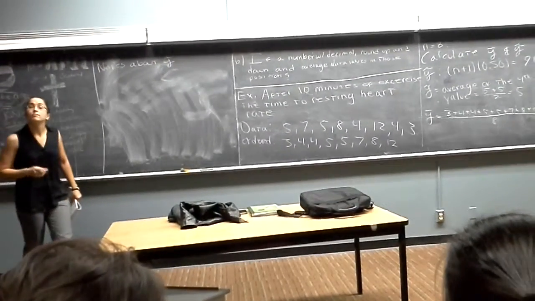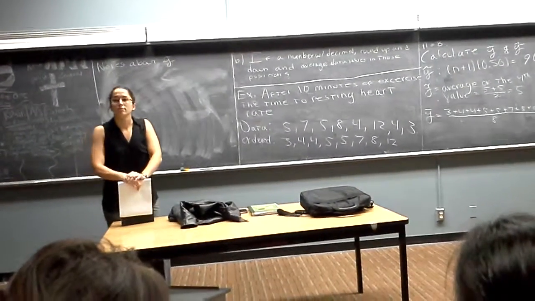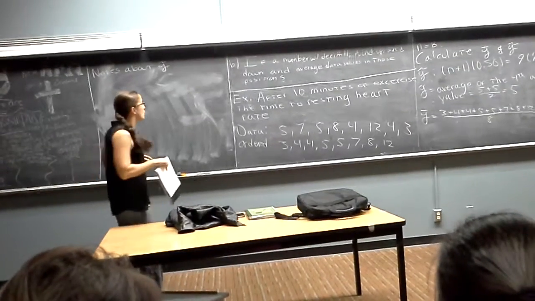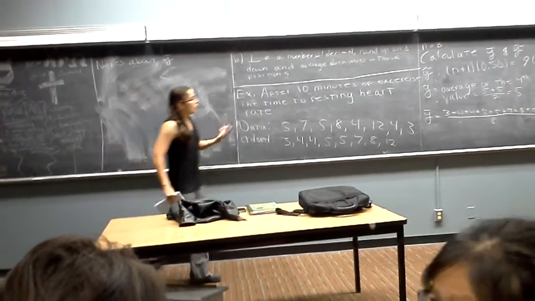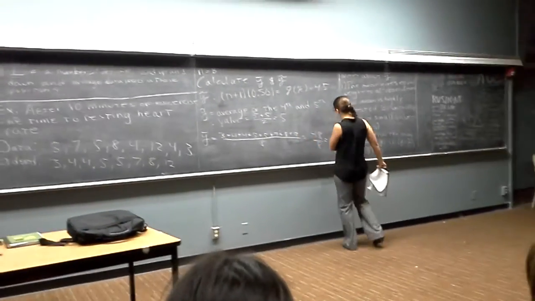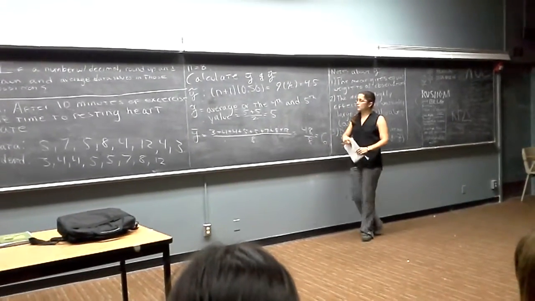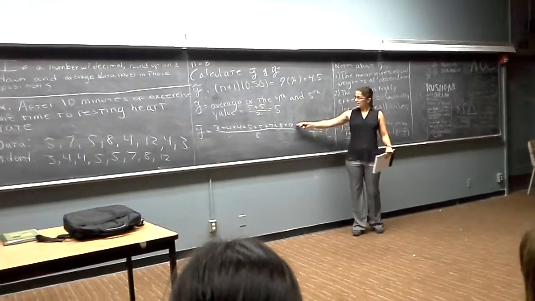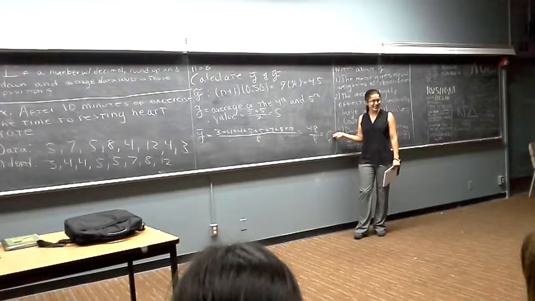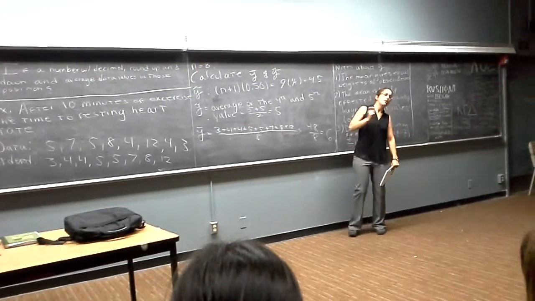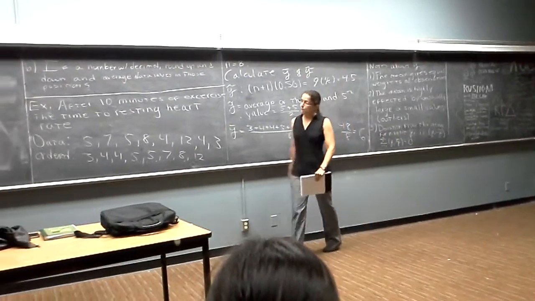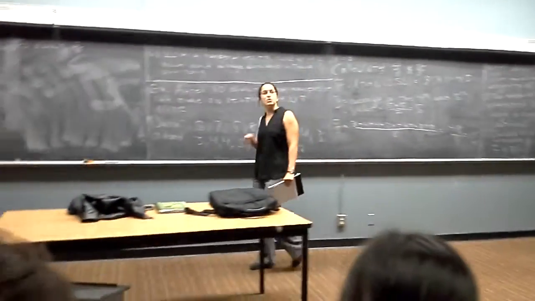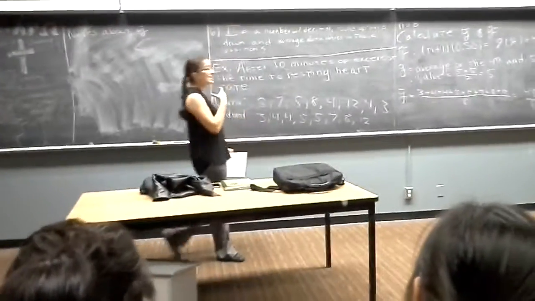Could you explain what the third one is again? Yeah, the third one is, once we've calculated the mean, we can calculate the distance from the mean for any of our data points. So for example, 12. The distance from that data point to 6 is positive 6. So it's kind of far away from the mean. But if we calculate all those distances or deviations and add them up, it's 0.